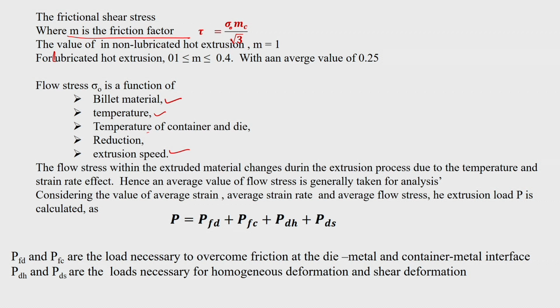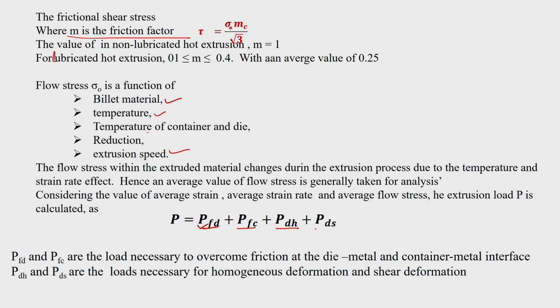And the extrusion load P depends upon the load necessary to overcome the friction at the die-metal interface, the friction between the container and the billet, and also the load required for homogeneous deformation of the billet inside the deformation zone.